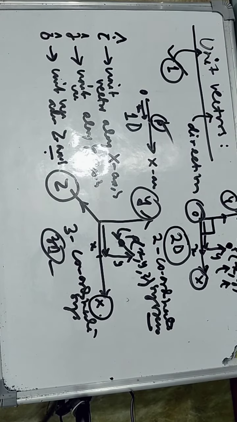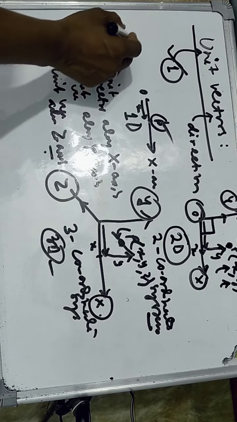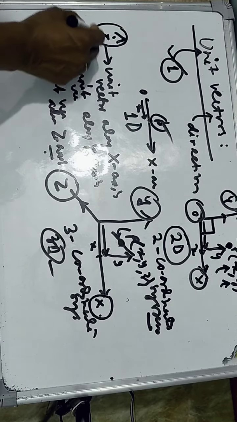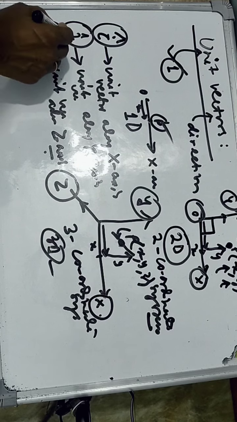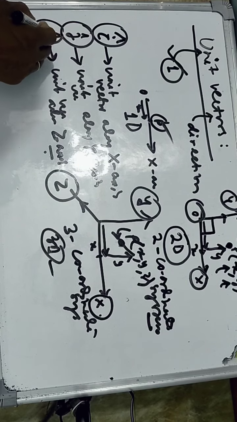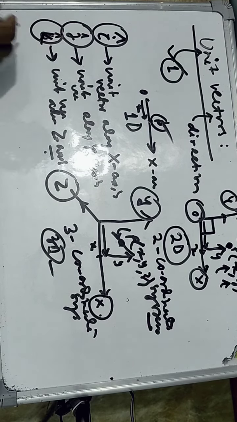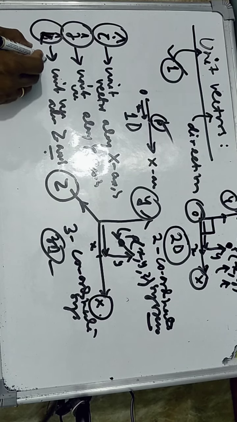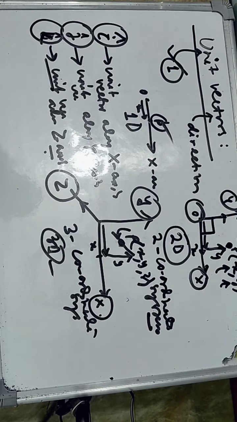All of the vectors can be represented using these unit vectors I, j and k.